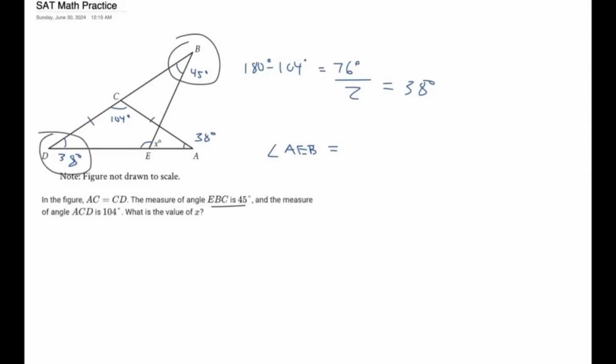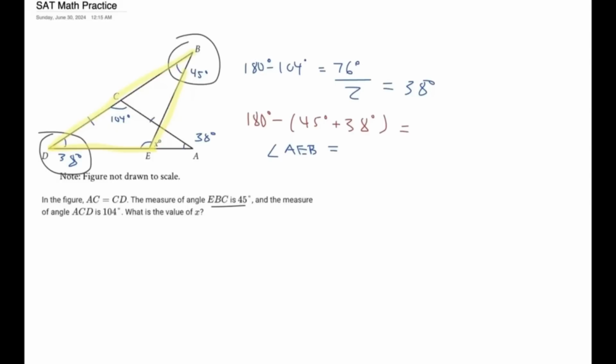These two angles make up a portion of this triangle right here. There are 180 degrees in a triangle, so if we found two of the angles, 45 degrees and also 38 degrees, then we can find the last value.